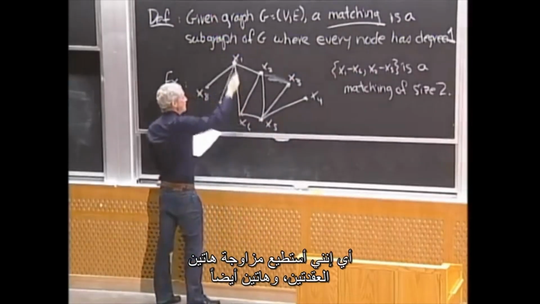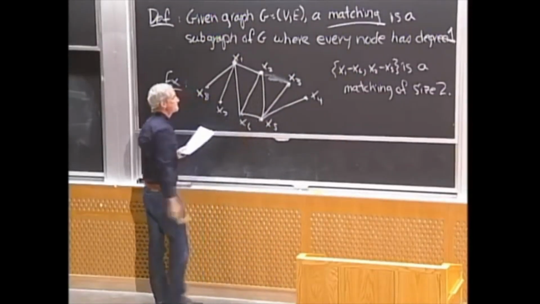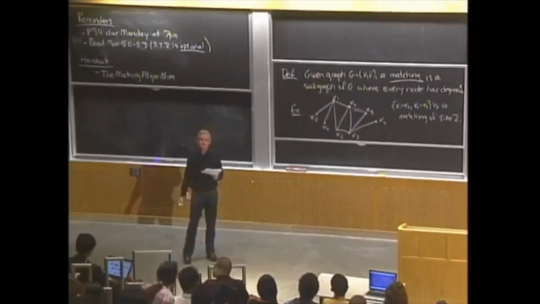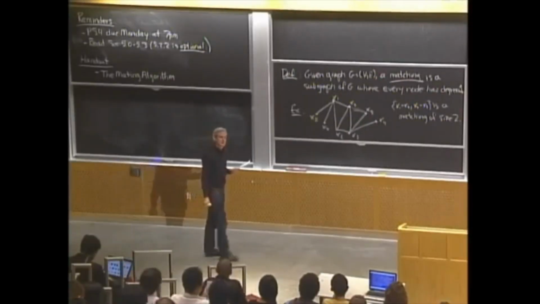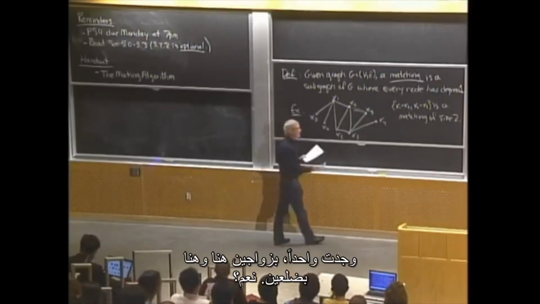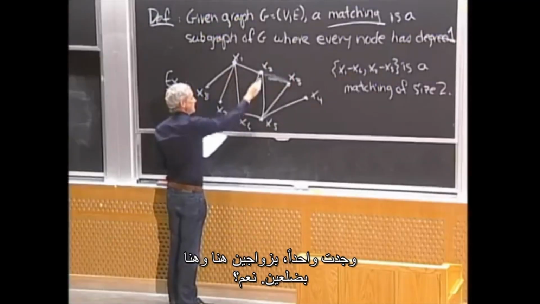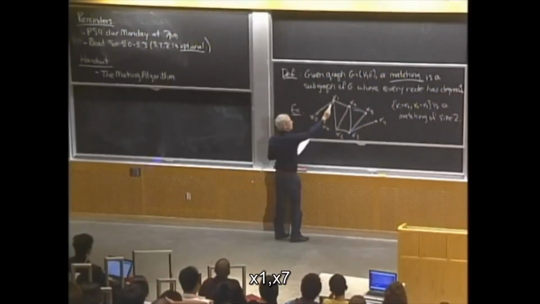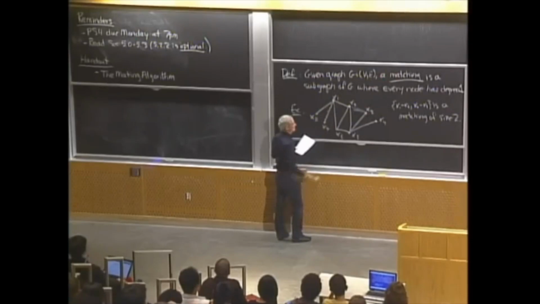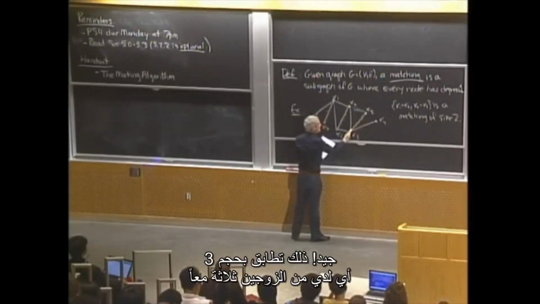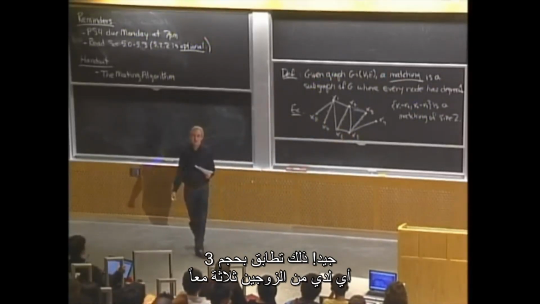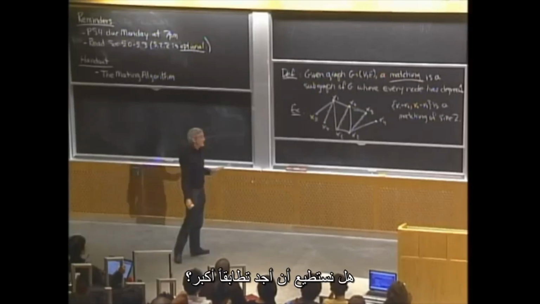All right, so I can pair these guys up and pair these guys up. Is there any bigger matching in this graph? So I found one with two marriages, two edges. Yeah? x1, x7, x2, x6. Good. All right, that's a matching of size 3. So I got 3 couples together. Good. Can I make a bigger matching?